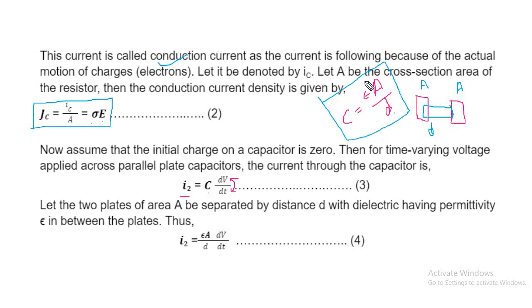And epsilon represents the permittivity, or dielectric strength, of this particular material. For two different dielectric materials, epsilon values will be different. Now we have this, so you are just rewriting the capacitance value.